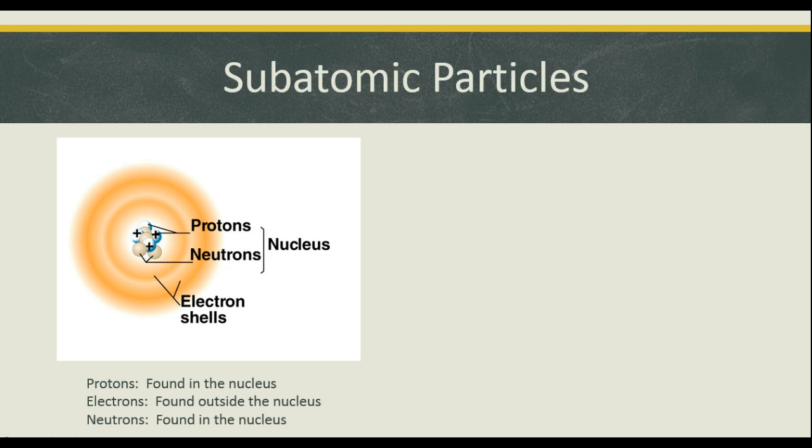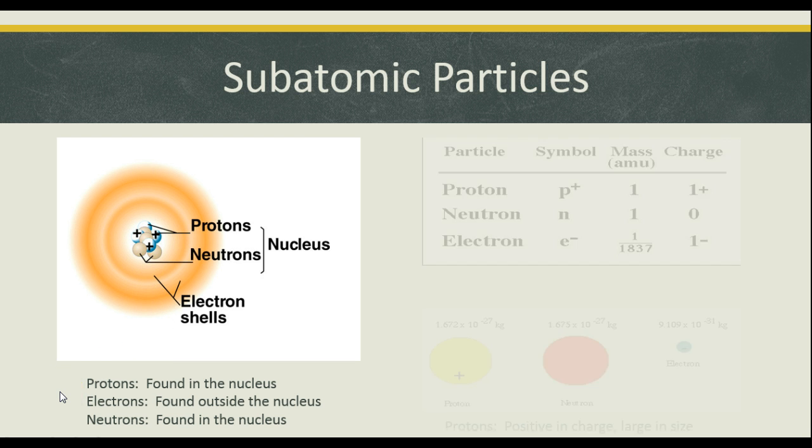When we look at the subatomic particles, we're talking about the protons, electrons, and neutrons, which make up the atom. Protons are found in the nucleus. The electrons are found in the outer shell, and then the neutrons are found in the nucleus with the protons.